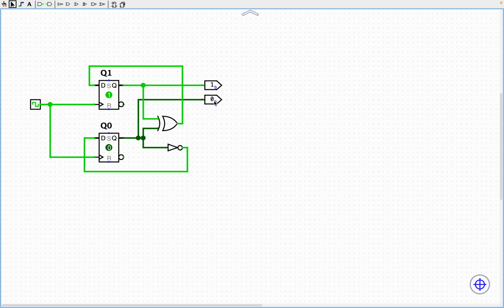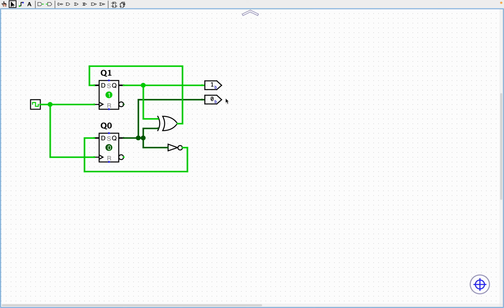So why I did this is we use Q1 and Q0 to compute the next values, D1 and D0, using logic gates. So Q1 XOR Q0 determines the next value for Q1, and then NOT Q0 determines the next value for Q0. And then I connected the logic gate outputs to the D inputs. So the output of the XOR gate is the D input of the Q1 flip-flop, and this implements D1 equals Q1 XOR Q0.